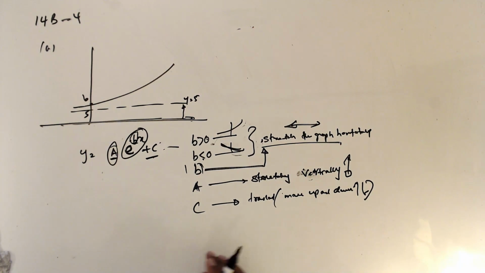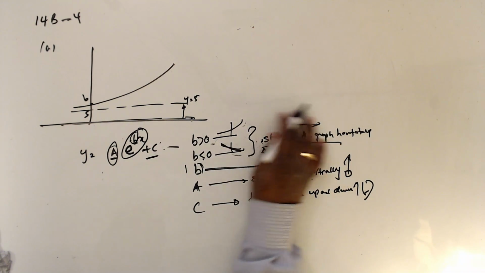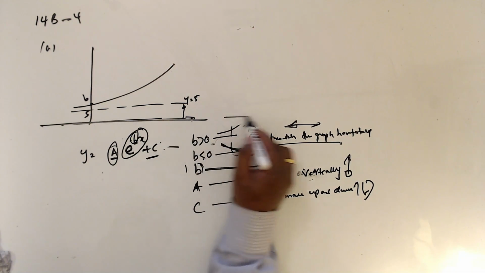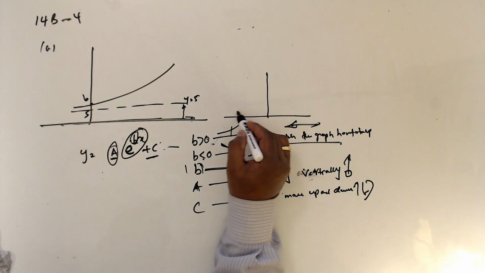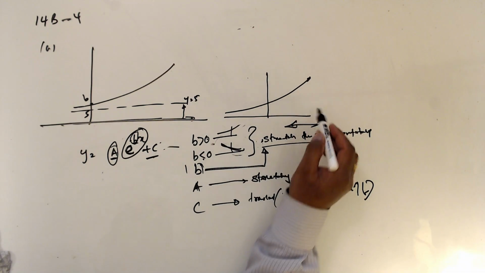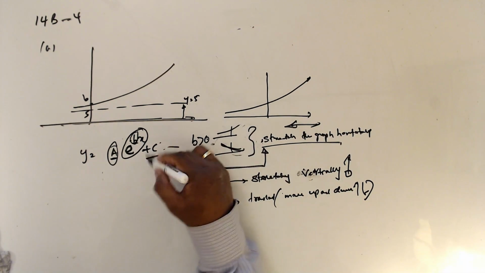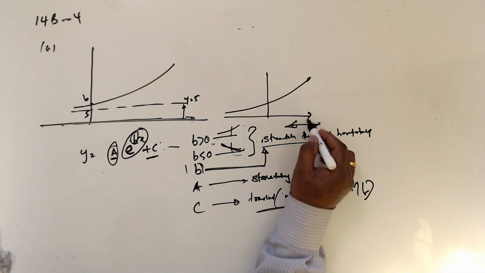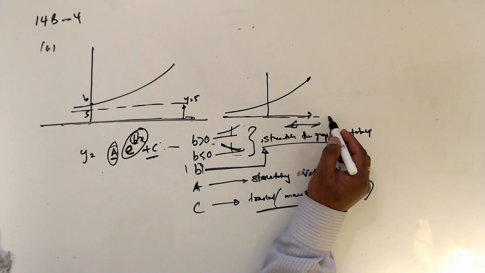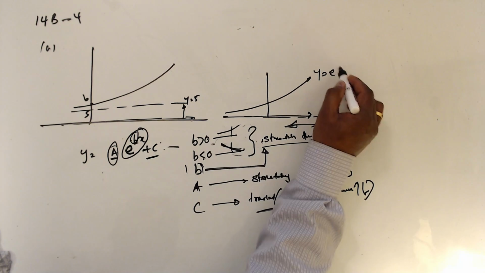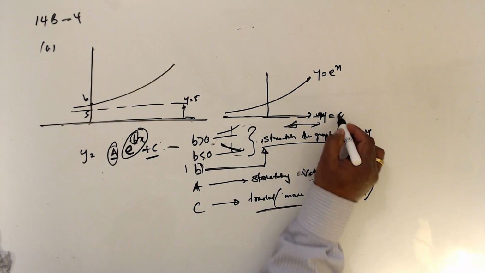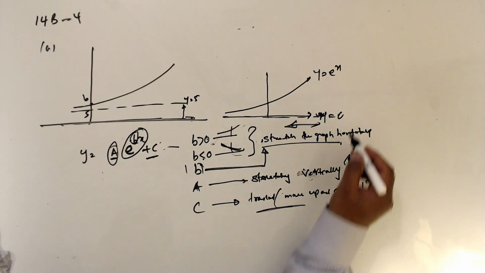Now, in this graph, usually for an exponential graph, this is how you track that this part moves up and down. Usually the asymptote is the y equals 0 line, which is the x-axis.